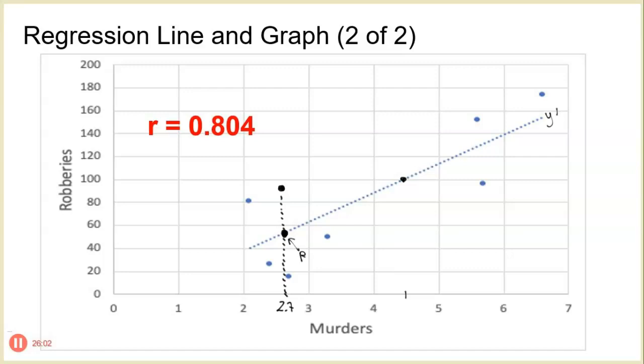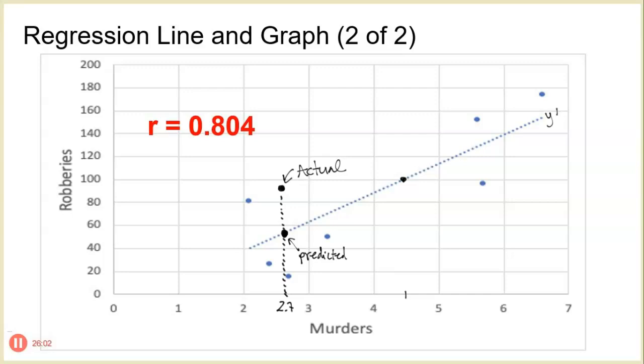So this is the predicted. However, this is the actual. That difference between the actual and the predicted is called a residual. It's like an error estimation. In this case, the regression line is under-predicting in that instance.